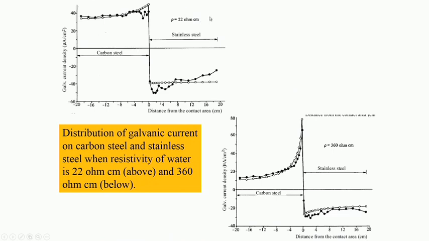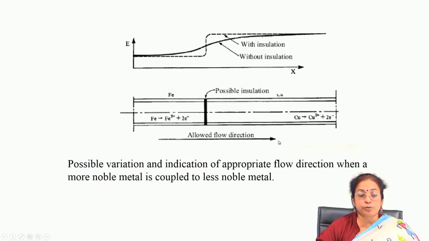Here the corrosion rate, in terms of galvanic current density, is much higher as compared to the case where resistivity is very high. So the ionic conductivity of the electrolyte plays a very important role. The higher the ionic conductivity, the higher the rate of corrosion attack.